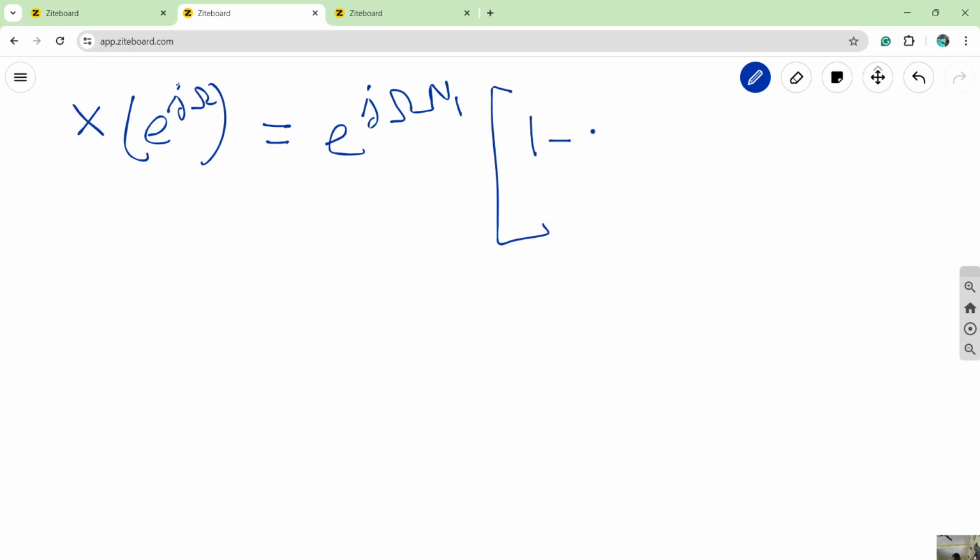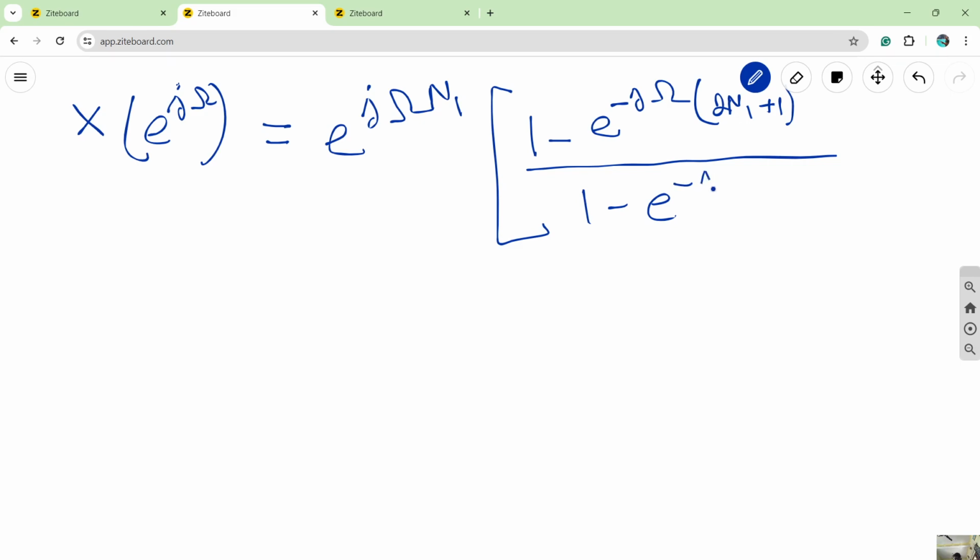Equivalently, if we write it in this way, X of e to the j omega equals e to the power j omega n1 into 1 minus e to the power minus j omega times 2n1 plus 1, by 1 minus e to the power minus j omega.